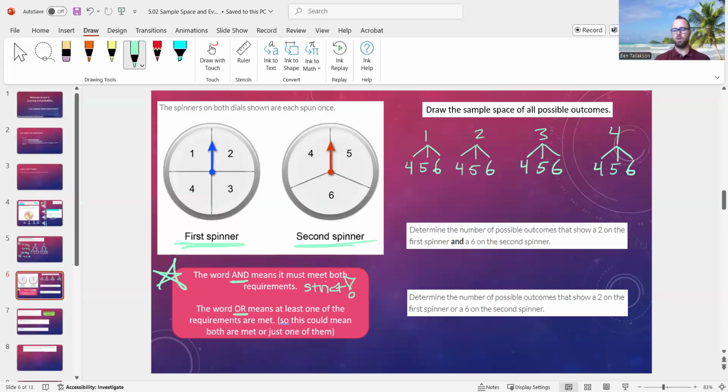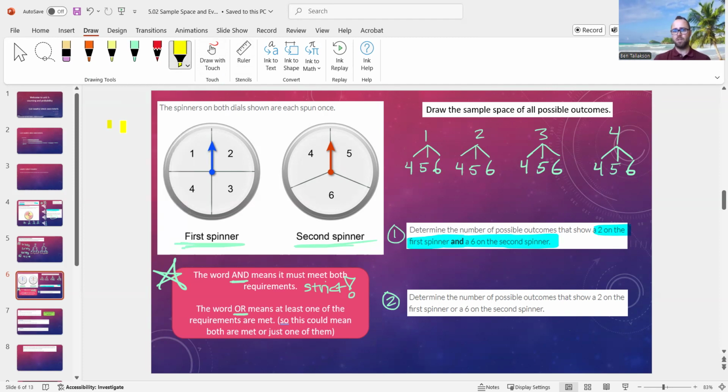Let's answer some questions to really get a grasp on what's happening here. So here's question 1, here's question 2. First, determine the number of possible outcomes that show a 2 on the first spinner and a 6 on the second spinner. Where do you see that happening?